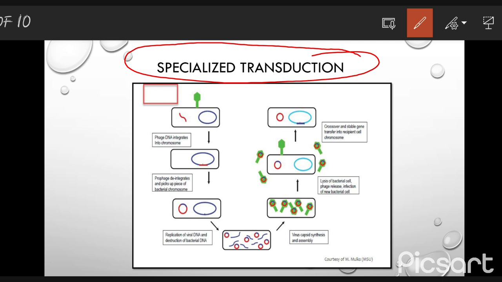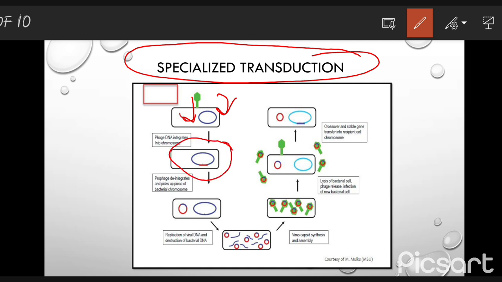A similar process takes place. First, the bacteriophage gets attached to the host bacterial cell and integrates its DNA inside the bacterial cell, then phage DNA integrates into the chromosome.